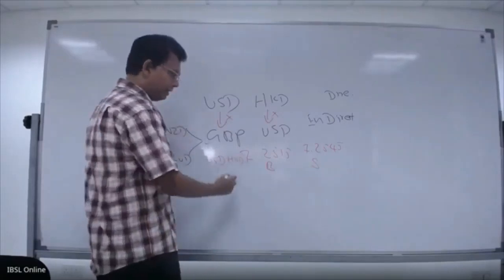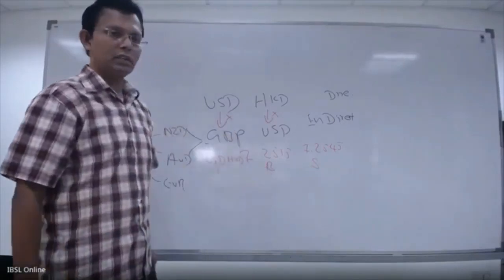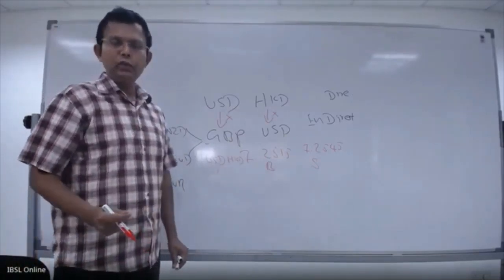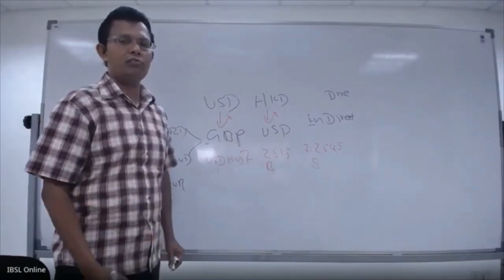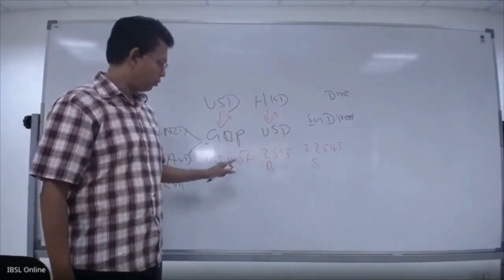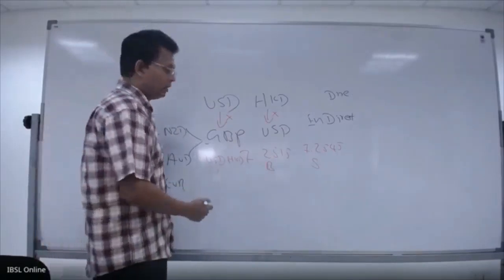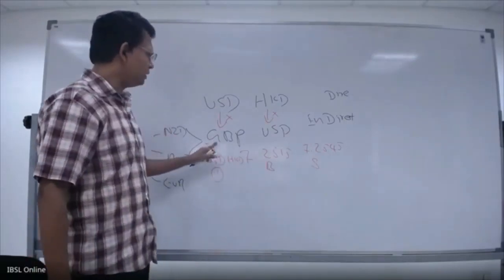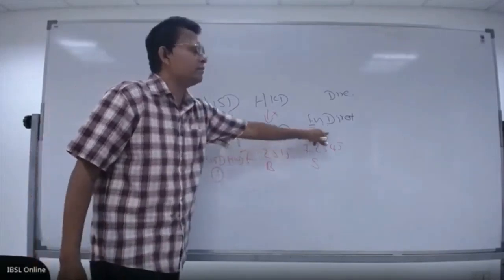1 USD equals HKD this much. So out of these two, which one is weaker? Anything you pay more for, that currency is weak. Who pays more? This one pays more. Why? On your left hand side, it is always equal to 1, right? 1 GBP equals how much USD?